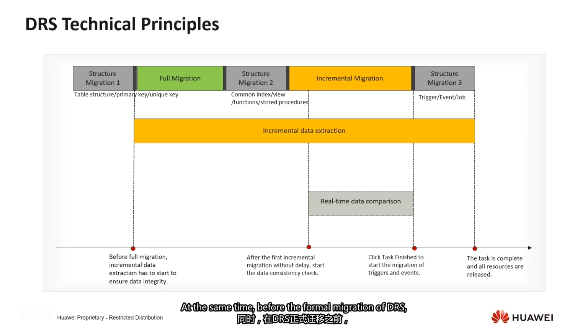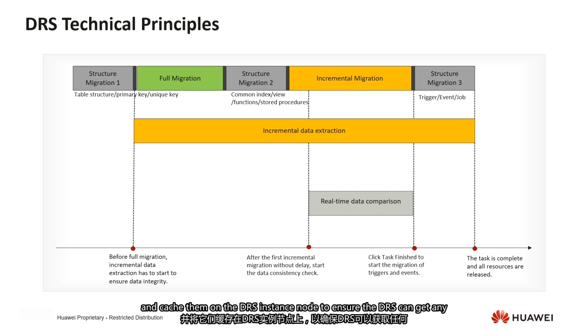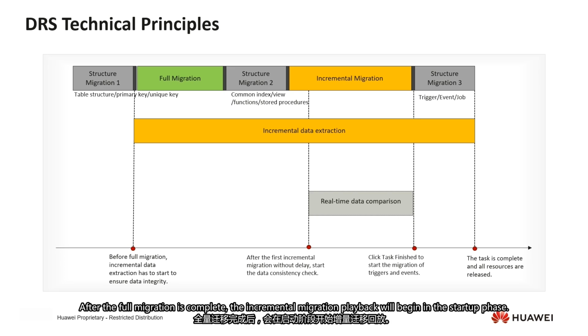At the same time, before the formal migration, DIS will have a long progress to download the source database logs and cache them on the DIS instance node to ensure DIS can get any new business change added to the source database during the full migration stage.